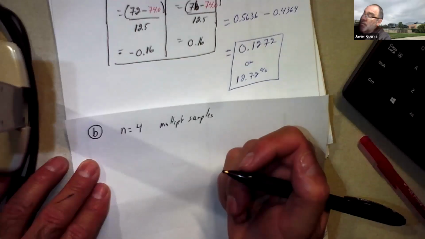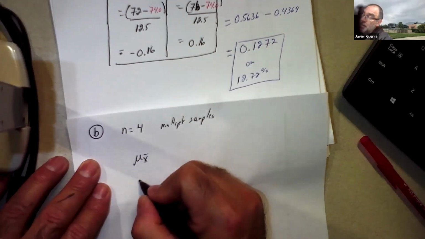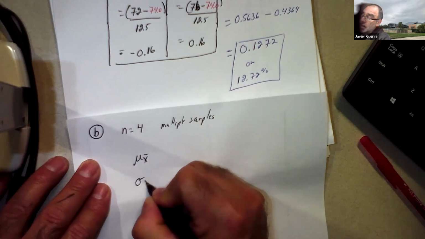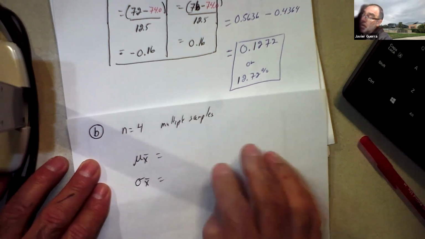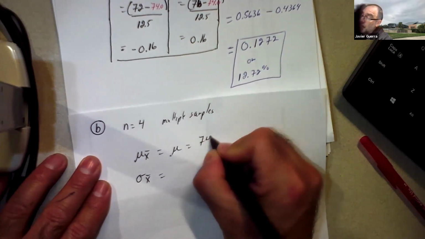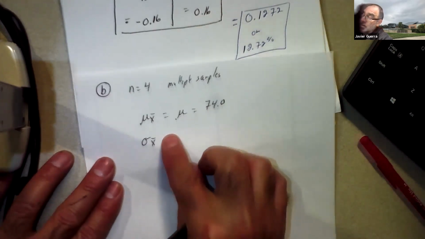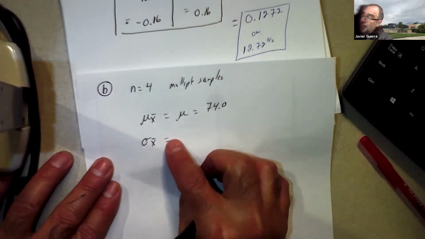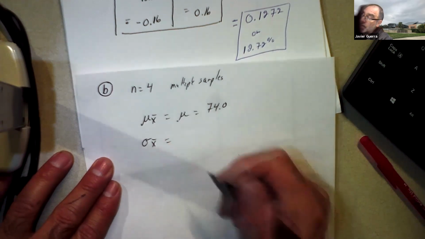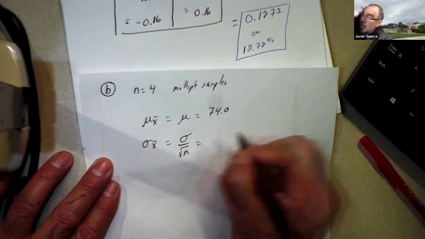If you're doing multiple samples, we have to find mu x bar and sigma x bar. My mu x bar is my mu, which was 74. The standard deviation of the sample means is sigma over the square root of n.